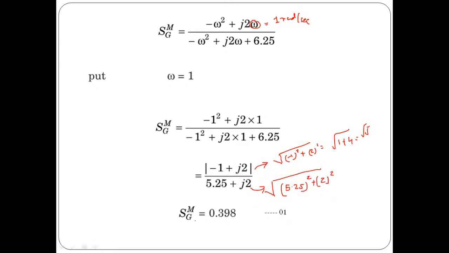If you apply that logic, you will get the sensitivity of the closed loop control system due to change in forward path gain as 0.398. So the sensitivity of the overall transfer function due to change in forward path gain is 0.398, or close to 0.4.